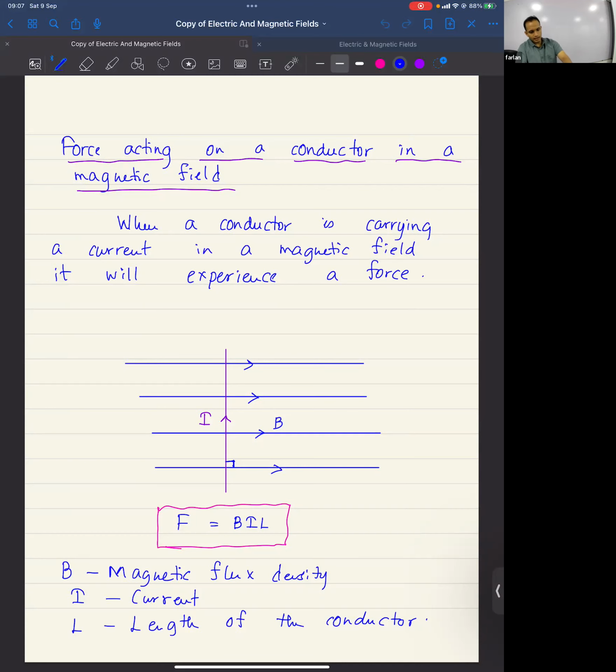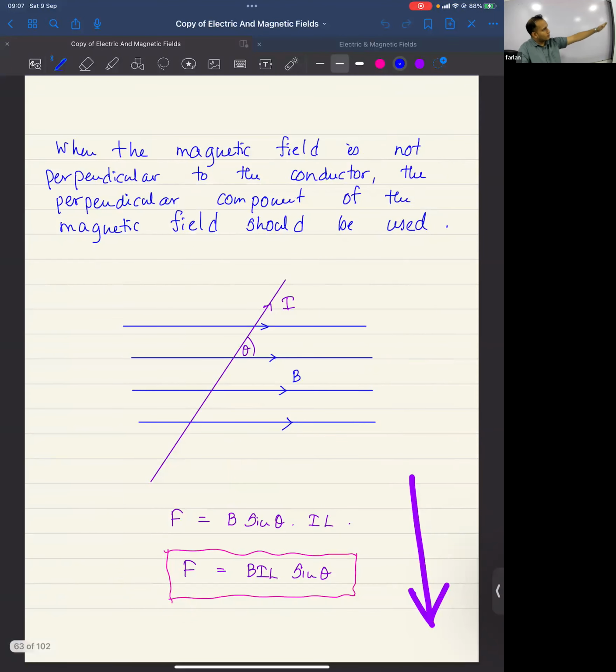Okay. And then I told you, if the conductor is not perpendicular to the magnetic field, you have to take the perpendicular component of the magnetic field strength to use in this equation. For an example, if the angle between the conductor and the magnetic field is theta, and if the strength of the magnetic field is B, the component of the magnetic field perpendicular to the conductor will be B sine theta.